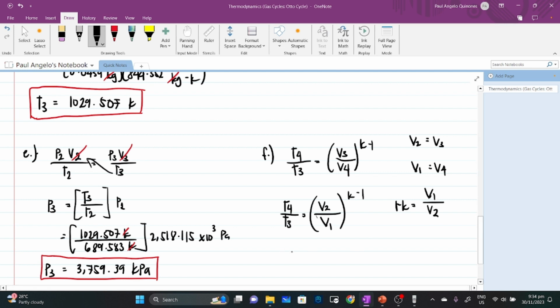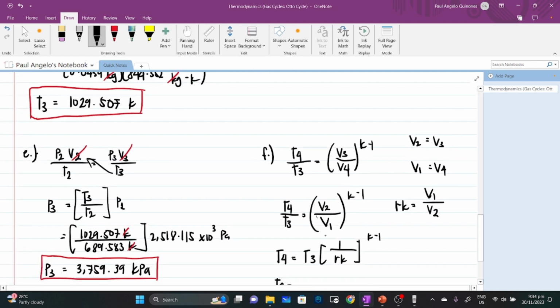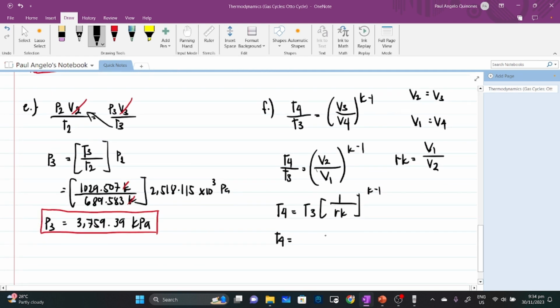So T4 is simply T3 times the reciprocal of your compression ratio raised to K minus 1. Okay, so T4 is equal to T3. So what is our T3? 1029.507 times 1 over 11 raised to 1.34 minus 1.